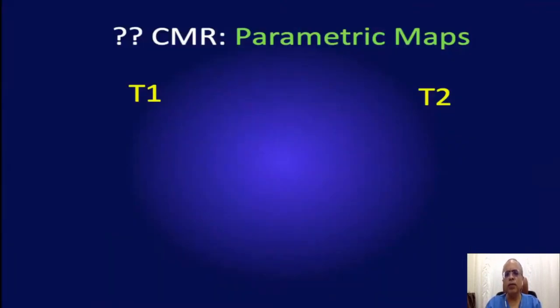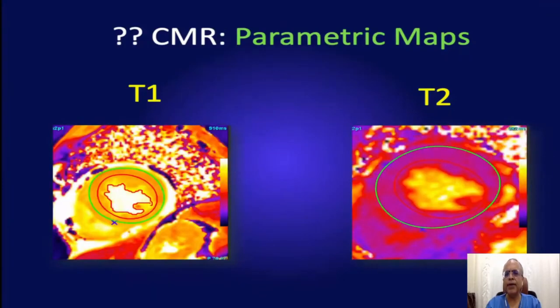Now, before we go to the mapping, let us know what these parametric maps are. What the software does is that it measures the T1 values, or the T1 relaxation values, for each and every pixel in the image, and then assigns it a value. That value is depicted according to the color bar.